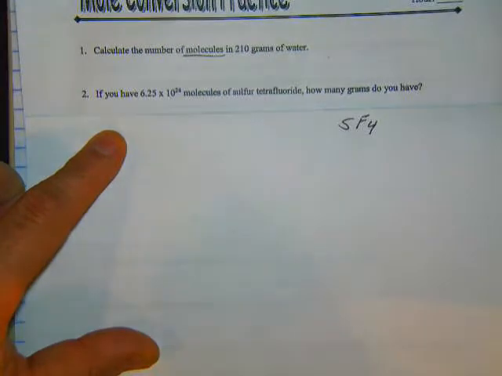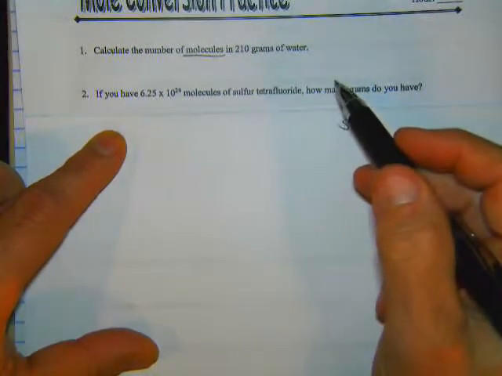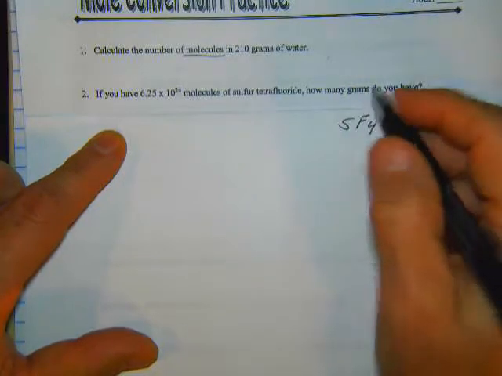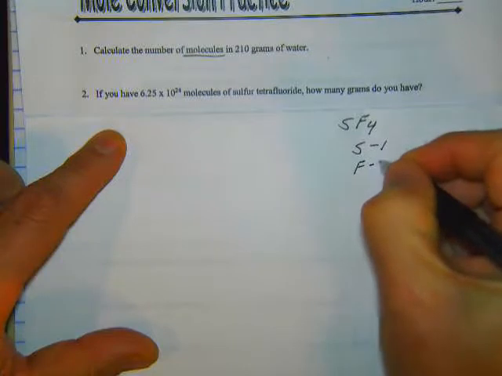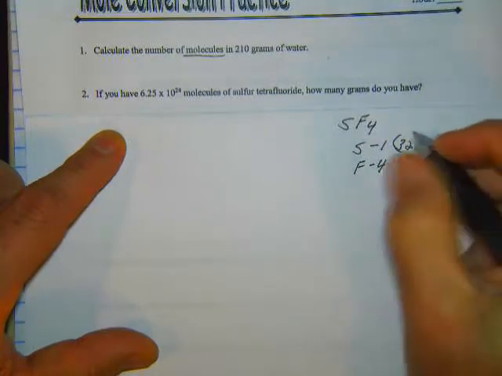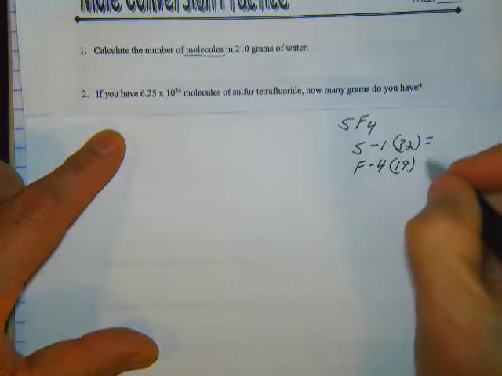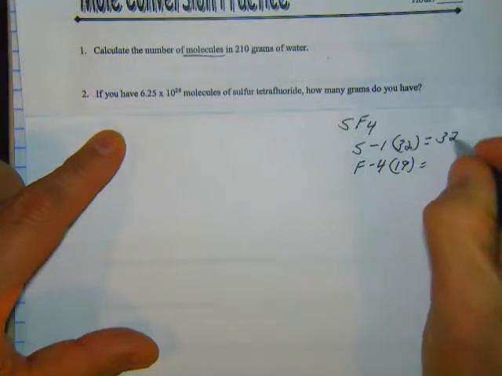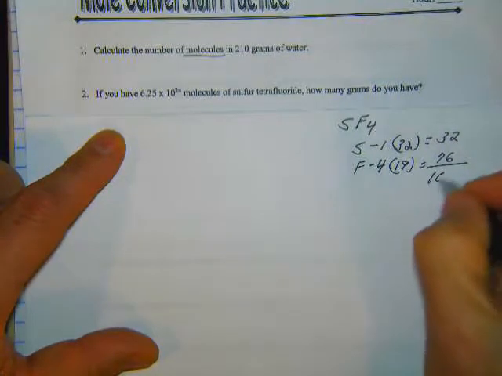So again, we're going to need the molecular mass here. So sulfur we have 1, fluorine we have 4, and the atomic mass of sulfur is 32, fluorine is 19, and that's 76. So that comes out to be 108.